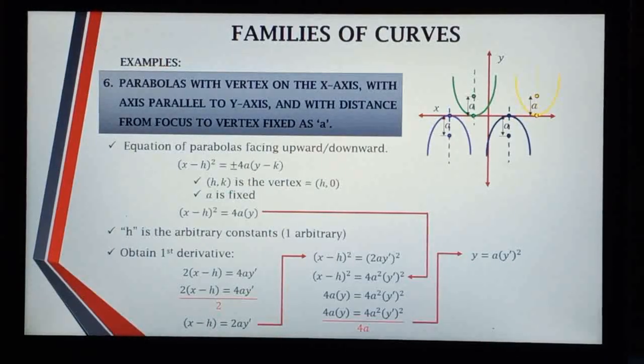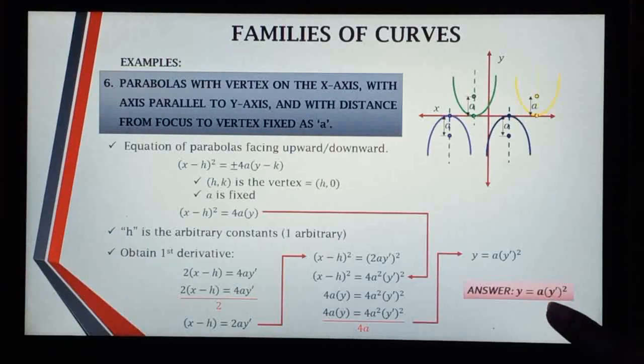So, na-eliminate natin si arbitrary constant. Now, the differential equation of the parabola with the condition vertex on the x-axis, axis parallel to y-axis, and with distance from focus to vertex fixed as a is y equals a multiplied to y prime squared.